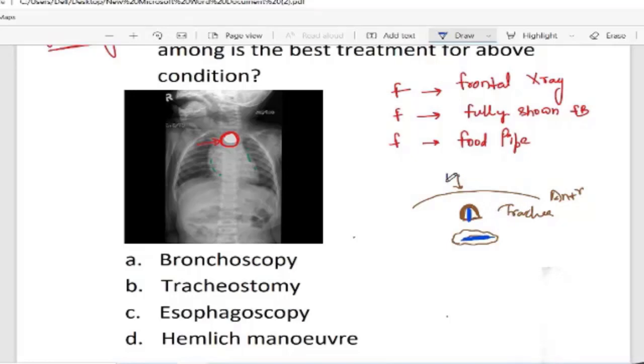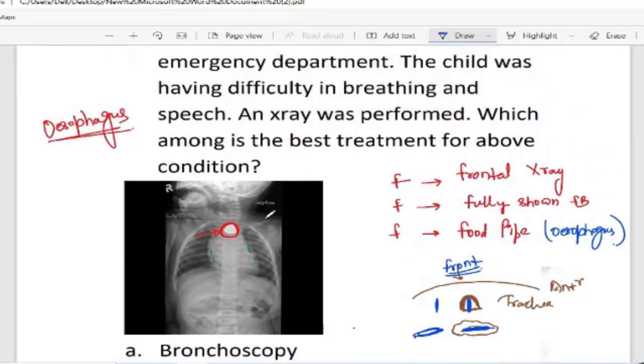So if I'm looking from the front, a coin in the trachea will look like a single slit, whereas in the esophagus it will look like a complete circle. So FFF: frontal X-ray, the foreign body is seen fully, that means the foreign body is in the food pipe. Food pipe is nothing but the esophagus. Understood? So we came to know in this X-ray that the foreign body is in the esophagus.